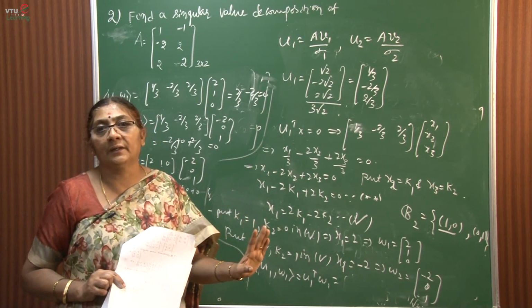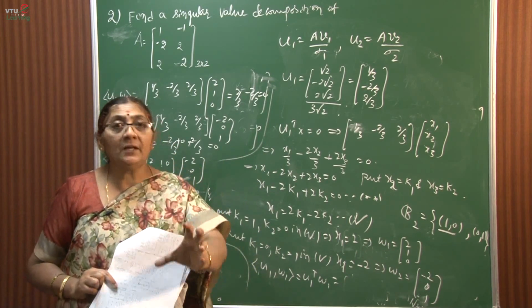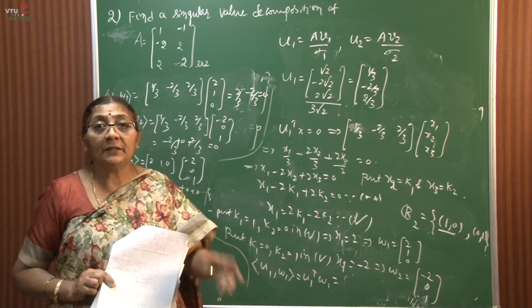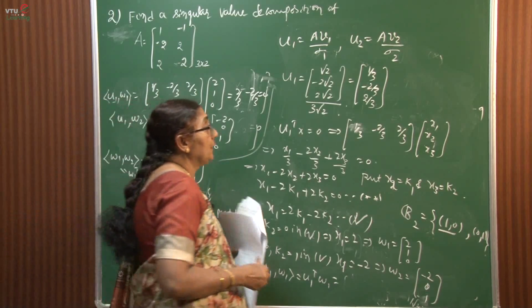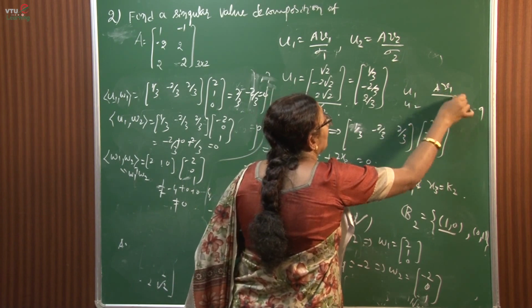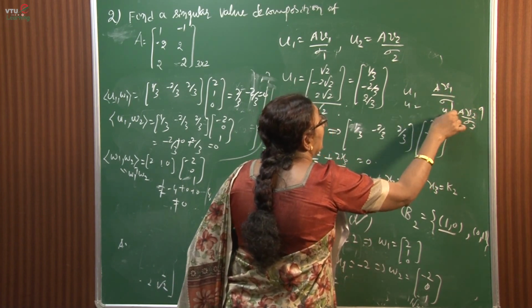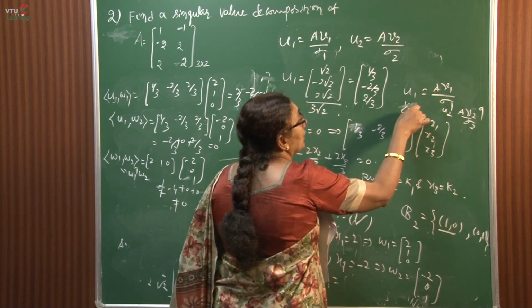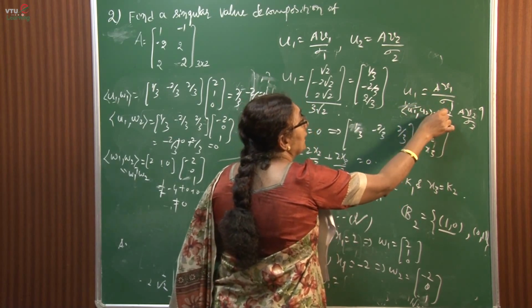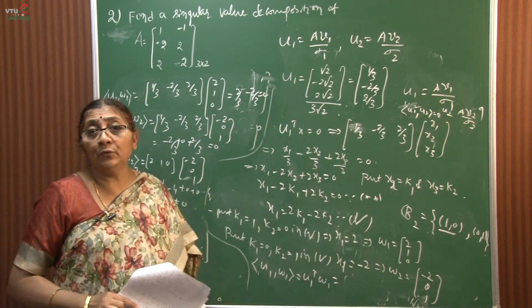In the previous one I also had to verify it, but U1, U2 are definitely orthogonal, that's why I skipped that. Whenever you find U1 or U2 using the AV1 by sigma 1 formula and AV2 by sigma 2 formula, the inner product of U1 comma U2 must be 0 if you want to verify it.